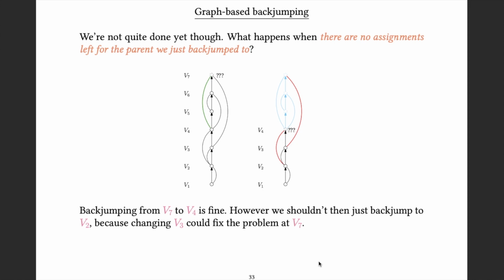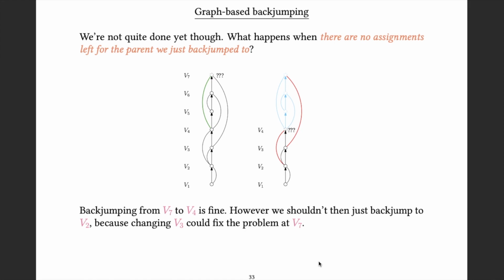But if we look at the arrangement of constraints in this sequence, v3 has a constraint with v7. And here's the key point. The fact that in the first place we had no possibilities left for v7 may have been due to the fact that it has a constraint with v3. So by trying an alternative for v3, we may then be able to move forward, get back up as far as v7, and then be able to make a successful assignment there.